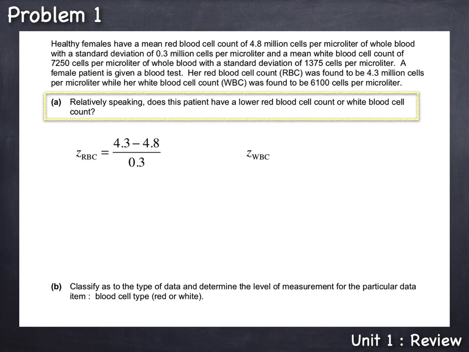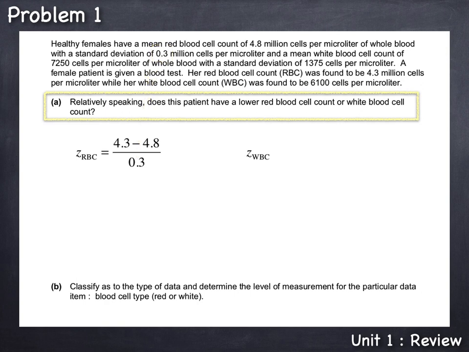This patient's red blood cell count was found to be 4.3 million cells per microliter. Then we subtract the mean red blood cell count for all healthy females, which was 4.8 million cells per microliter. And then we divide this difference by the standard deviation of 0.3 million cells per microliter.